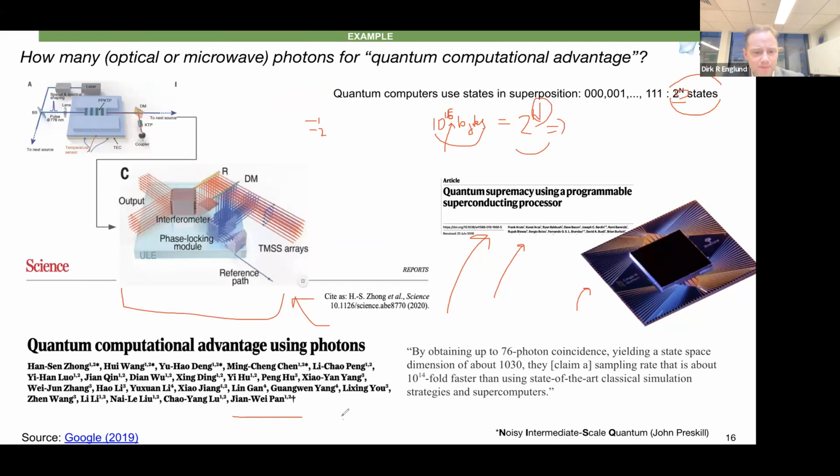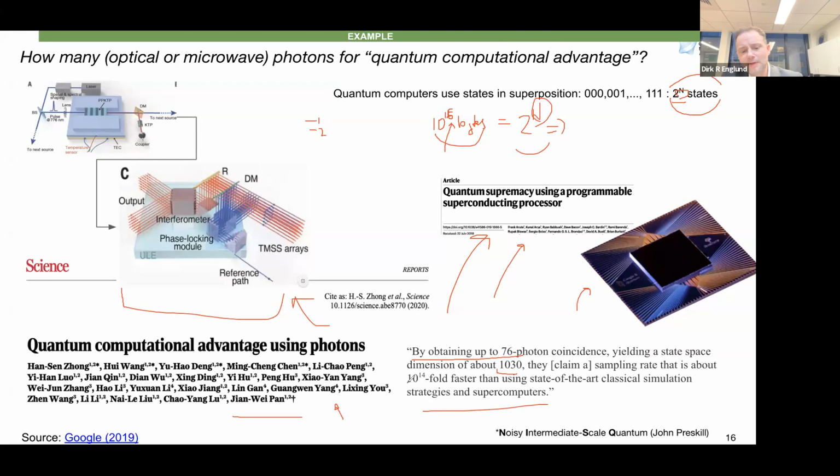So in particular, this one is maybe still one of the strongest claims for quantum computational advantage. They say that by obtaining up to 76 photon coincidence, yielding a state dimension of about 10 to the 30, they claim a sampling rate that's about 10 to the 14 times faster than using state-of-the-art classical simulation strategies in supercomputers.